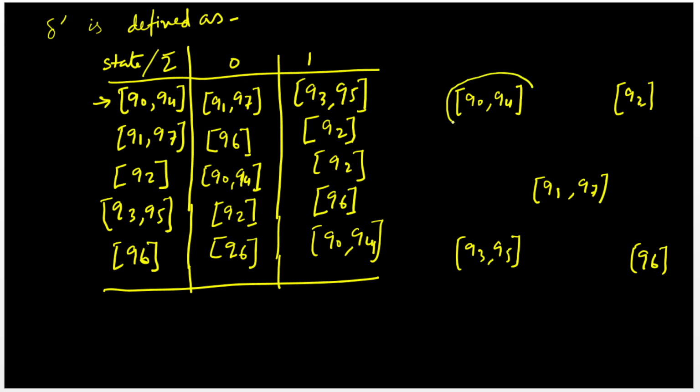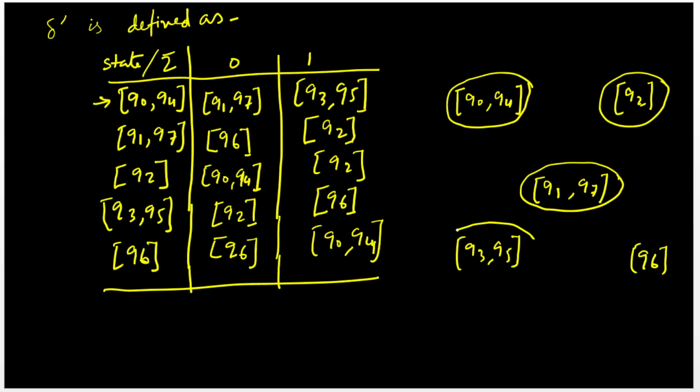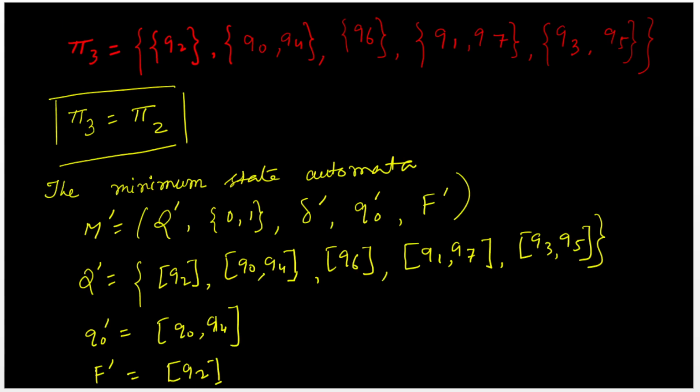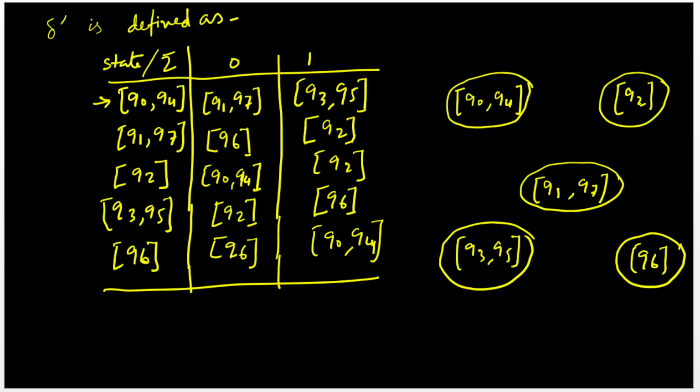So these are basically the states. We mark these states. Clear? Now what is the final state? Obviously we know q2 is the final state, so we mark it as a final state. And the initial state is q0 q4.